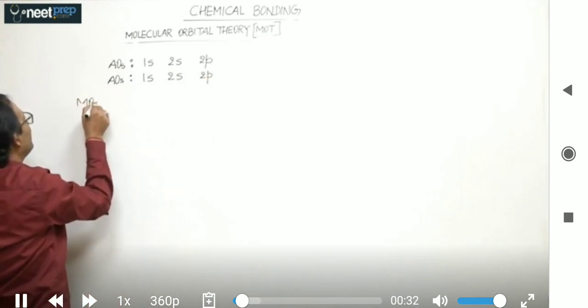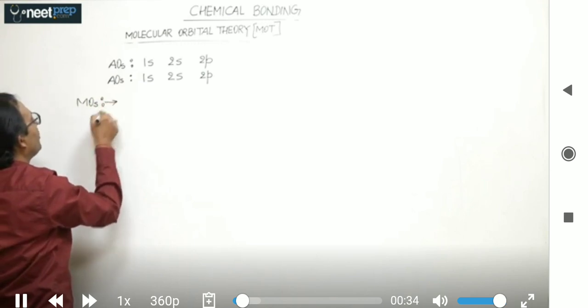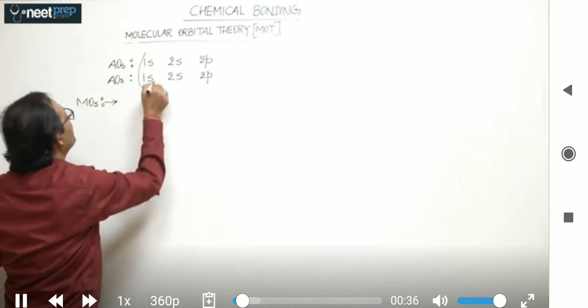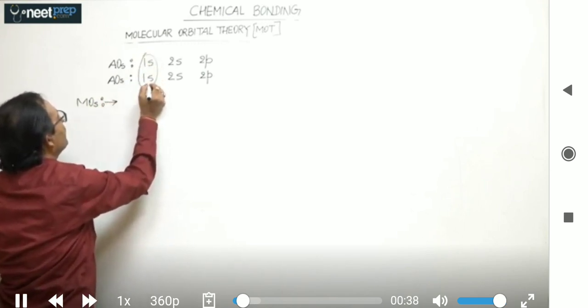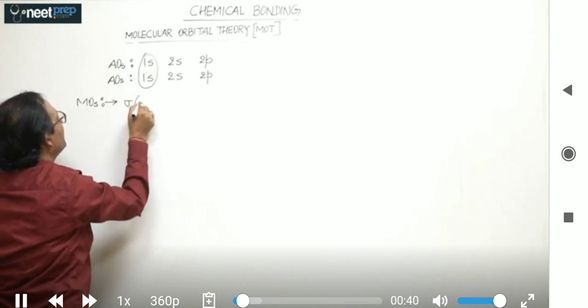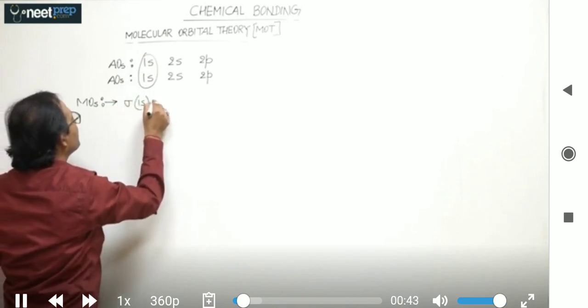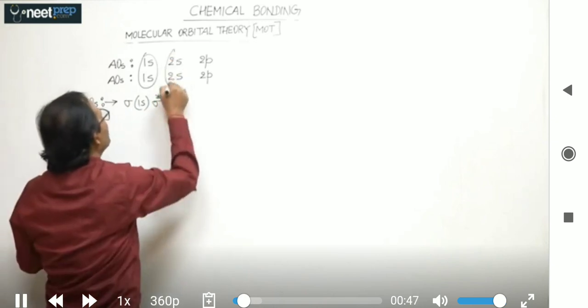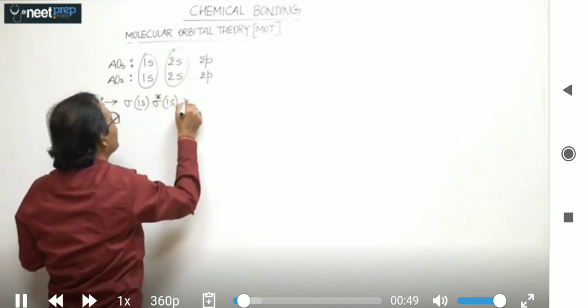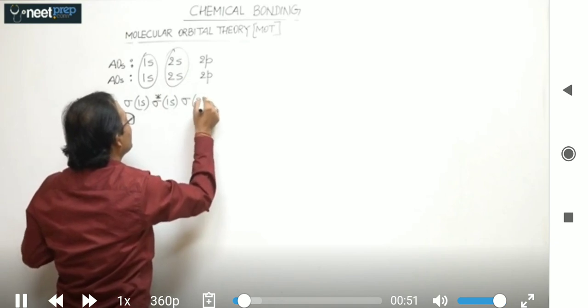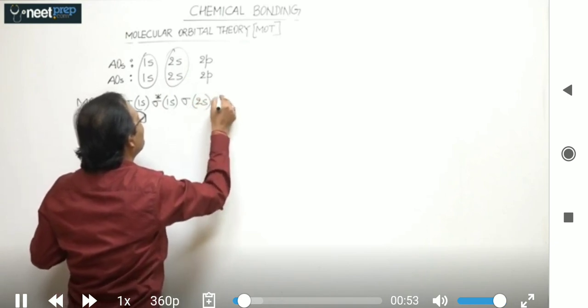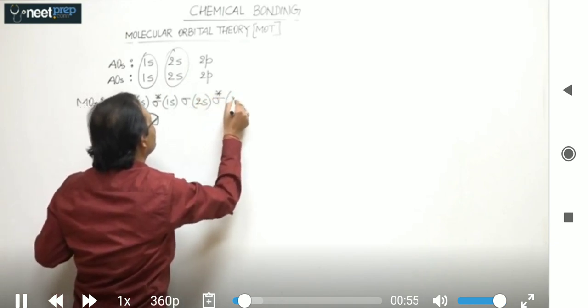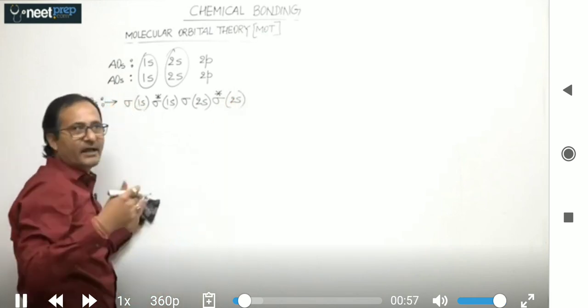So the molecular orbitals formed will be: 1s, 1s will form sigma 1s and sigma star 1s. Similarly, 2s, 2s will form sigma 2s, that is BMO, and sigma star 2s, that is ABMO.